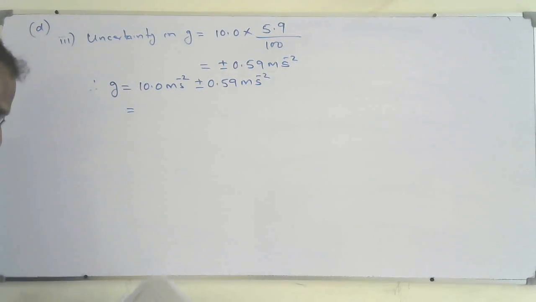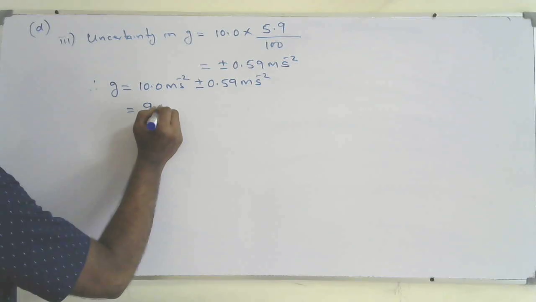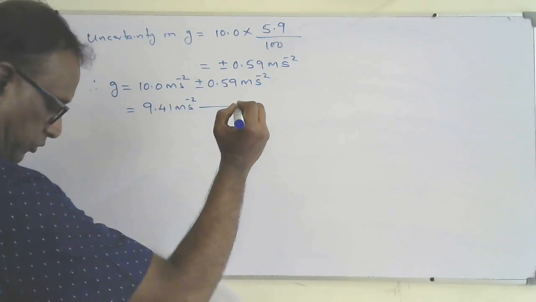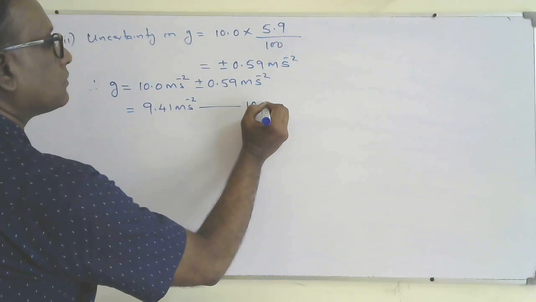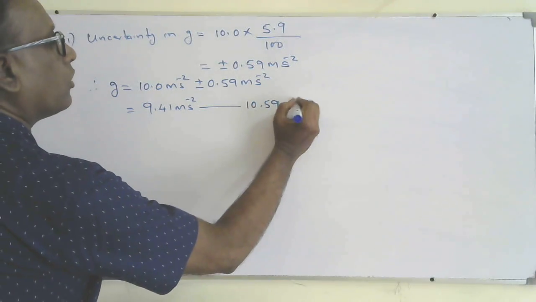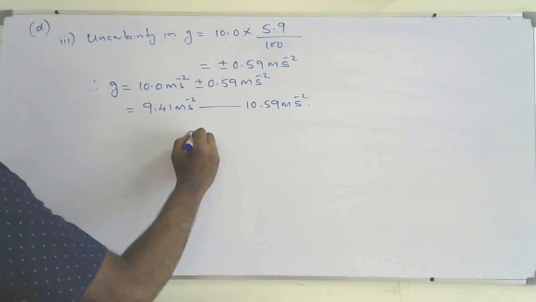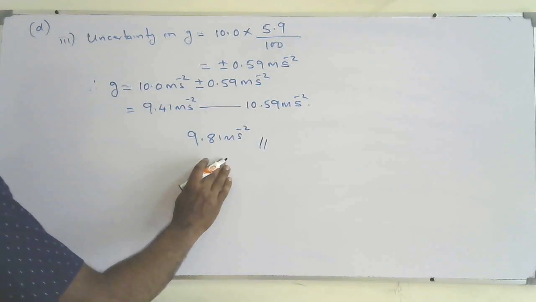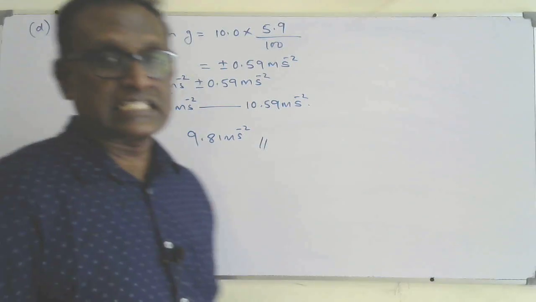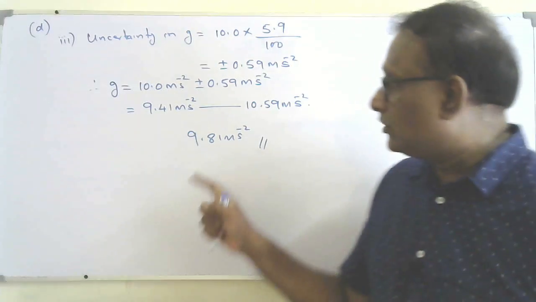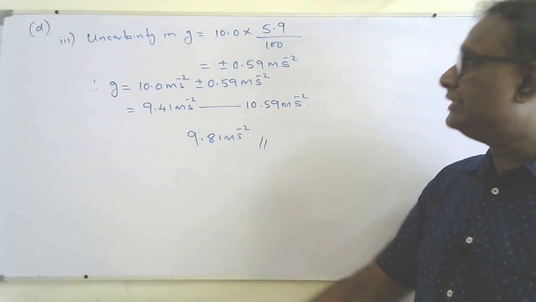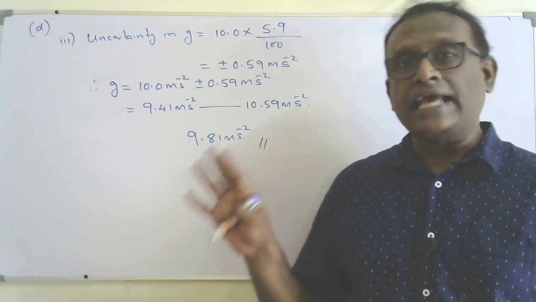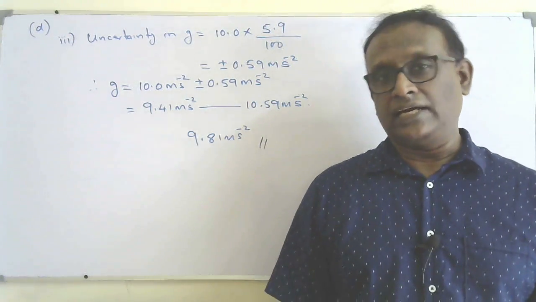So the experimental value range will be 9.41 to 10.59. Okay, now you can give the conclusion. The actual value of G is 9.81 meter per second square. That is falling within the range of my experimental value. Therefore, the experimental value is acceptable. You can give the final answer like that.